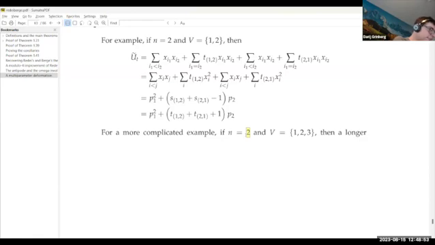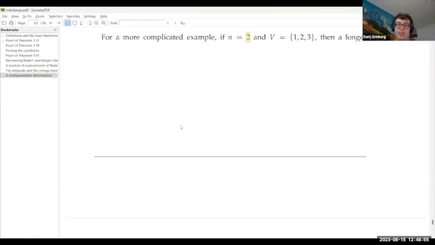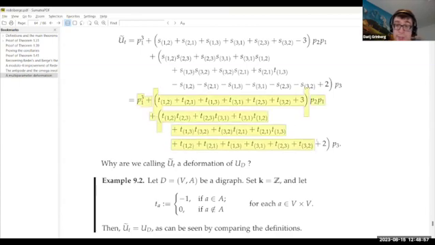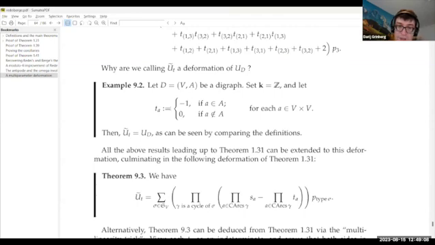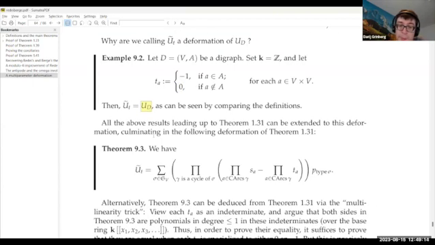N equals 3. So for 3 vertices, you get this here. And again, you can see that all of these things are P integral. And if the T's are minus 1s and 0s, you get the digraph case. So you get this UD.